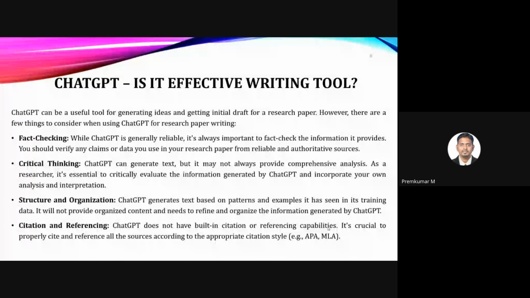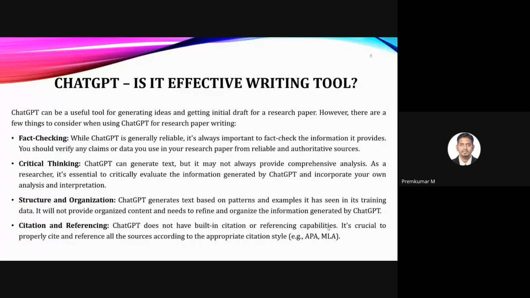And the citations and referencing. Nowadays add-ons have come. As of now, ChatGPT 3.5 is common to all users, and it does not have any built-in citation or referencing capability. When you write the paper, you need to prepare your references with proper formatting, but ChatGPT does not have it.